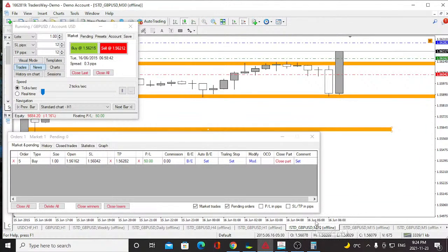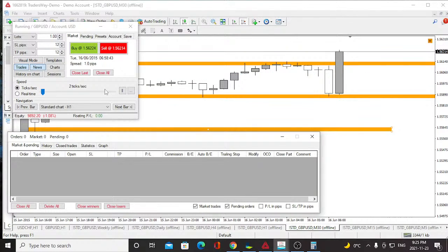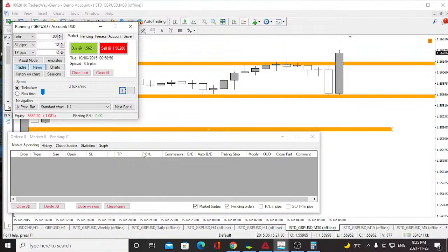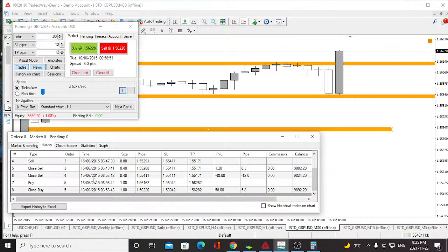Okay, here's what I'm going to do. I'm going to close majority of this, close partial of this. Pause this first and foremost. Oh, okay, I closed the entire thing. So we'll just imagine I have a runner. Let's go to history.